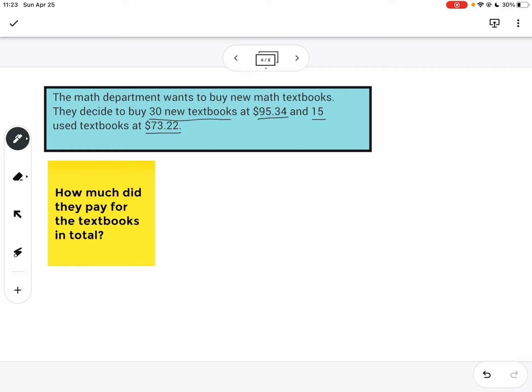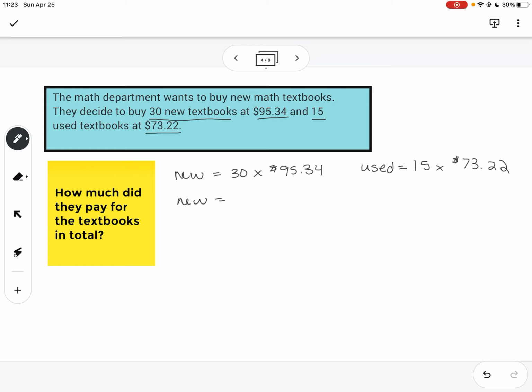How much did they pay in total? So let's look at how much they spent on the new. So 30 textbooks times $95.34, and the used textbooks are 15 times $73.22. So let's look at those two totals.